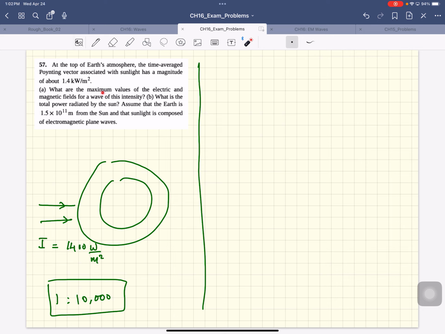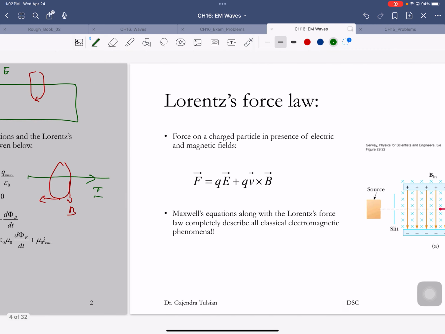So what are the maximum values of the electric and magnetic fields for a wave of this intensity? Okay, so the intensity is the average Poynting vector, so let's look up the formula.